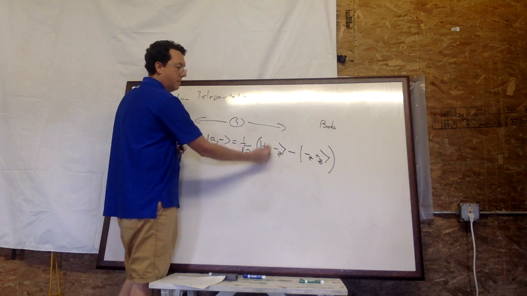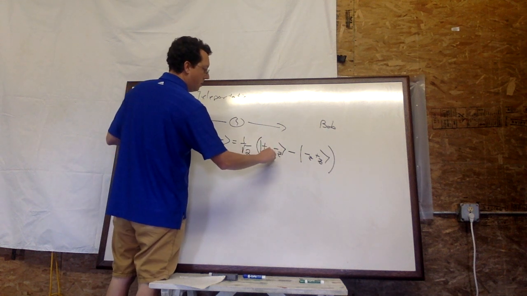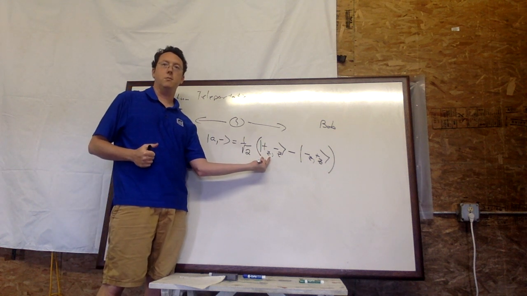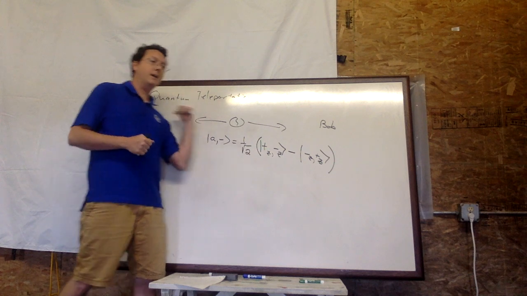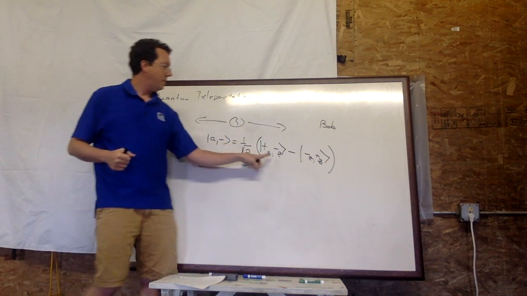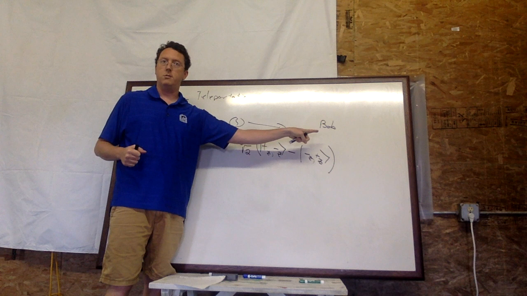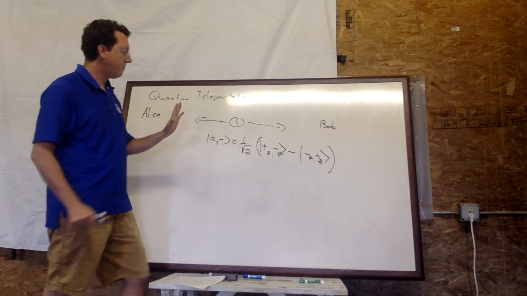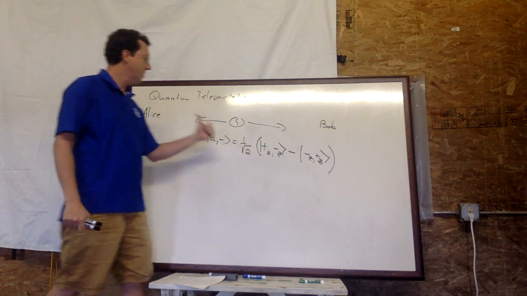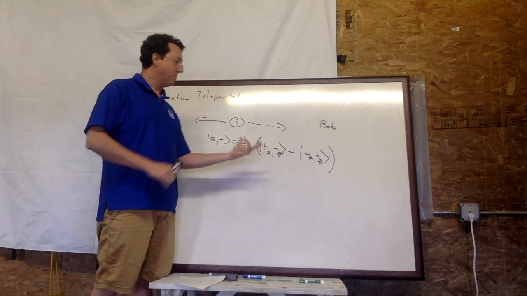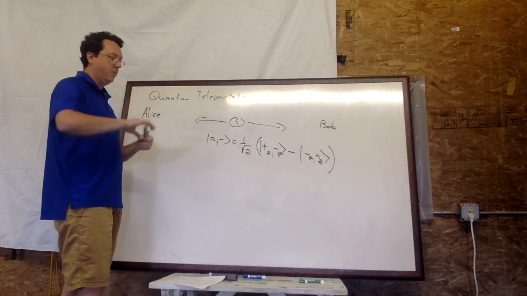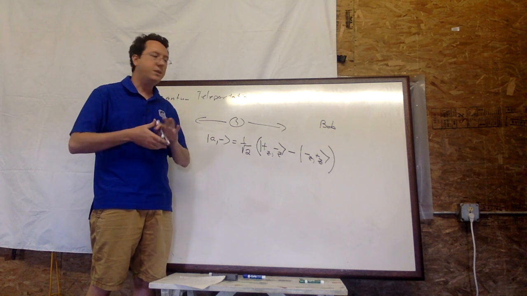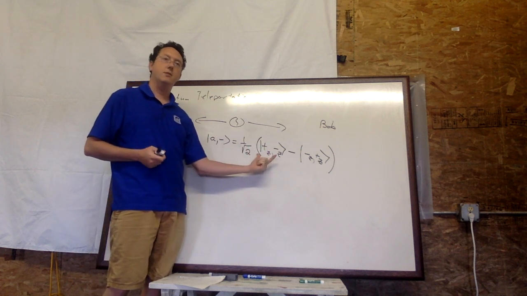The first part, it's going to be implied that the left label, or labels, will refer to Alice, because she's on the left, and Bob's going to be on the right. So what this means is, we aren't sending Alice a plus state or a minus state. What we say is, we're sending them a superposition of these.